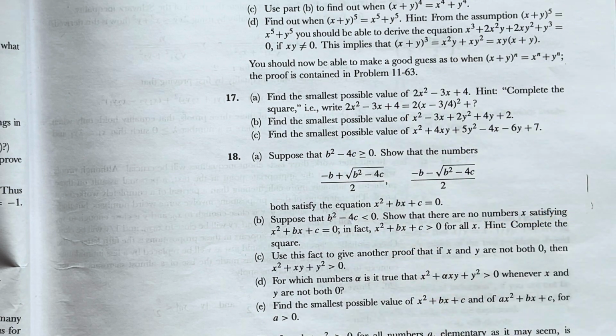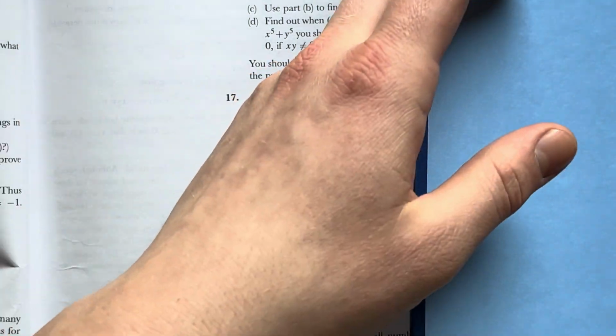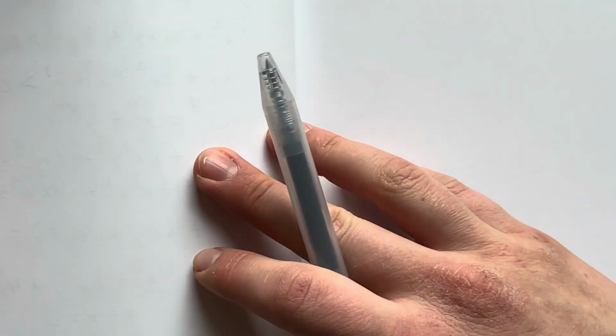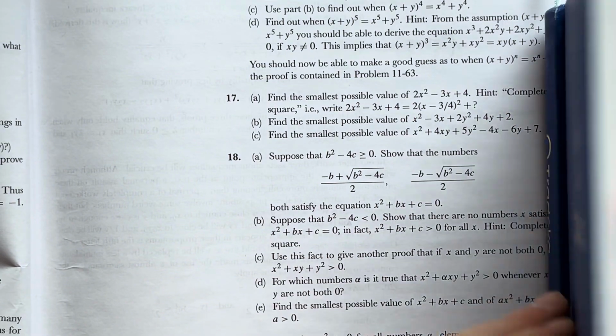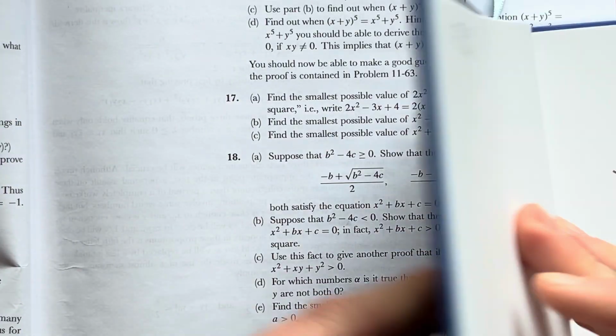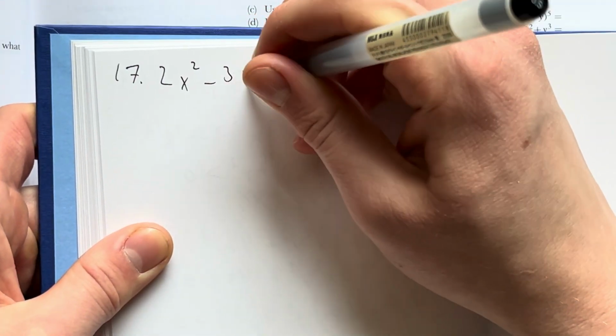So, okay. It's quite easy in my opinion. Let's open a new page. 17. It was 2x squared minus 3x plus 4.